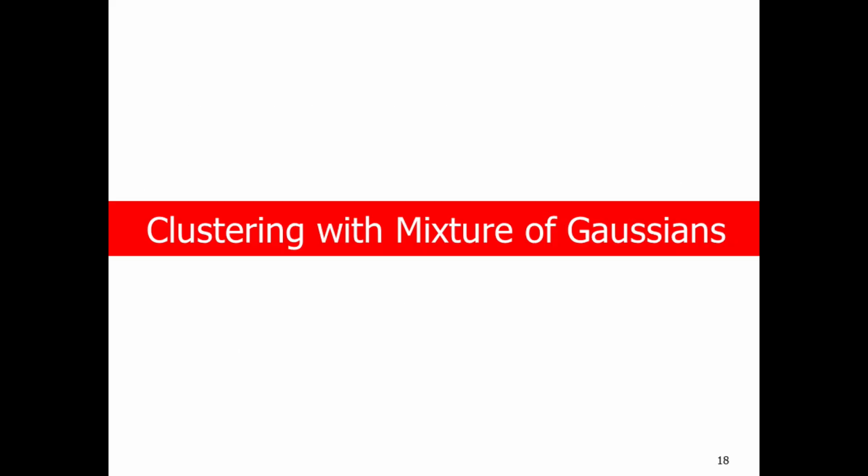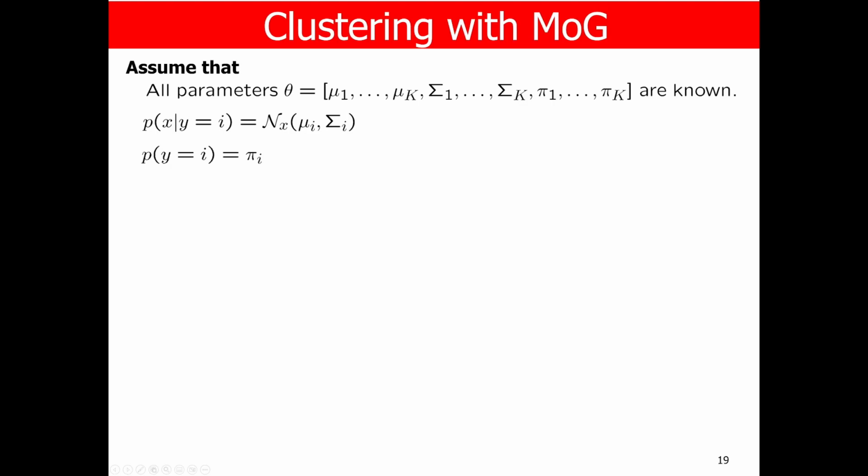Now, let's discuss how to use the mixture of Gaussians model for clustering. Assume that all the parameters of the mixture of Gaussians model are known. I denote these parameters with theta.